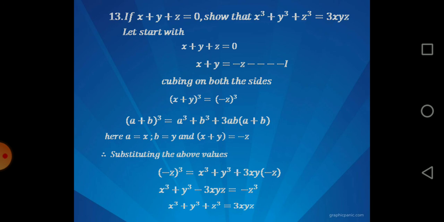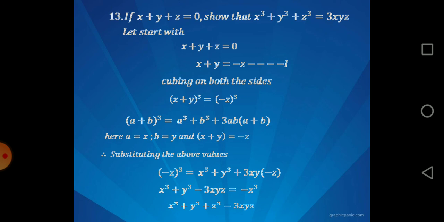Suppose in LHS we substitute x plus y plus z equal to 0, the whole LHS becomes 0 and 3xyz will go that side and become x cube plus y cube plus z cube is equal to 3xyz. This is one of the processes already explained. So I am doing this in another process.